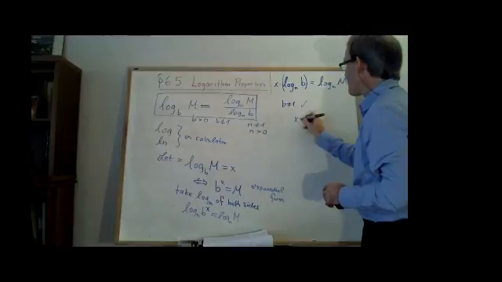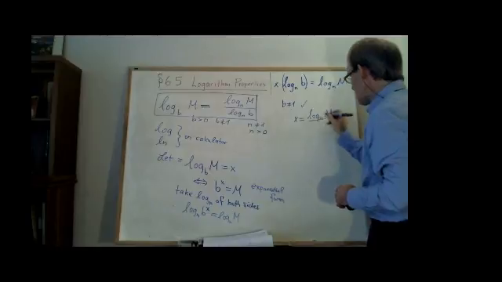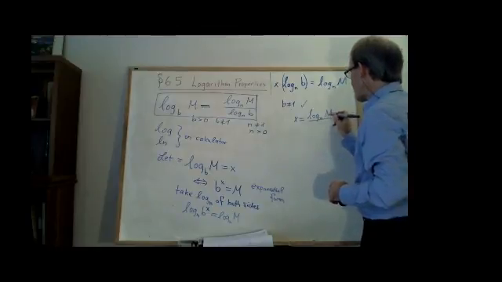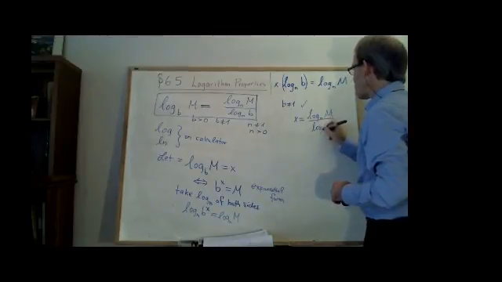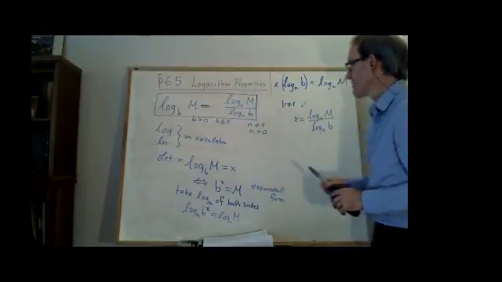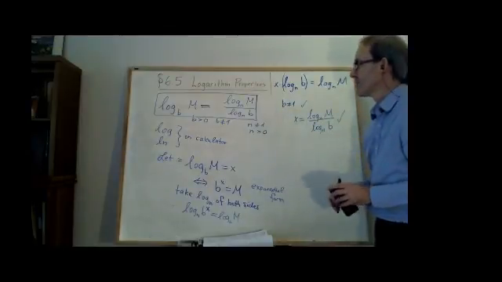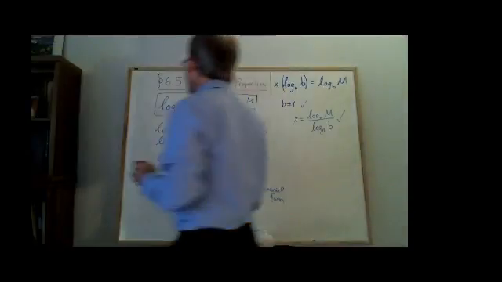And so then I would get x is equal to log base n of m divided by log base n of b. And that's what I was asked to prove. So that proves this formula. It's called the change of base formula.